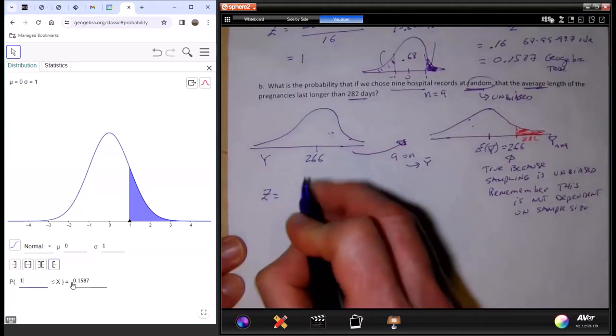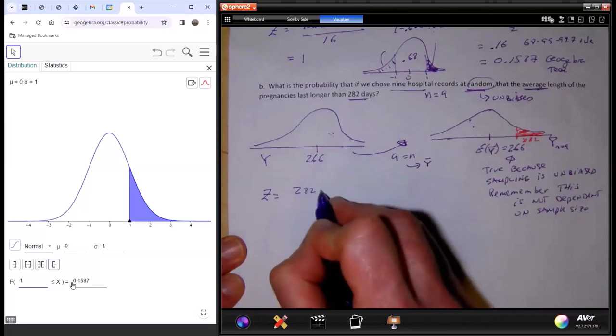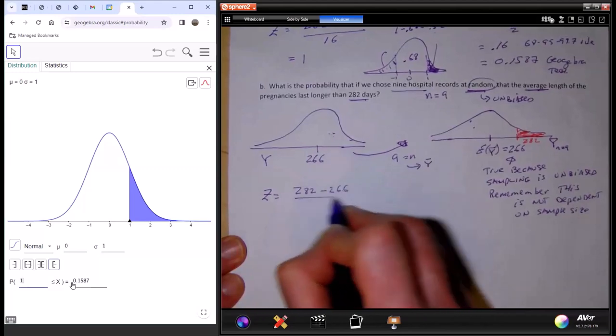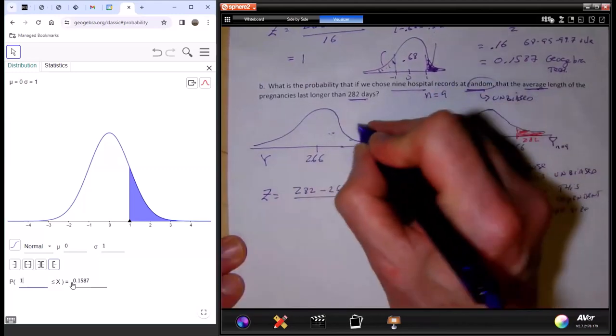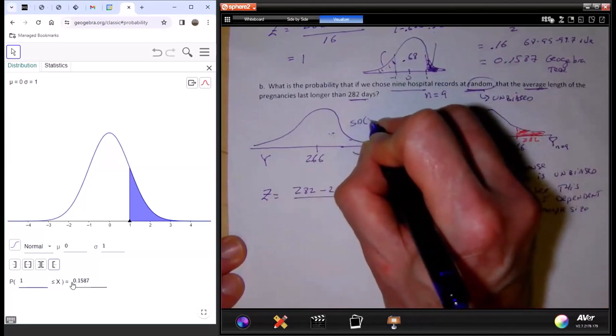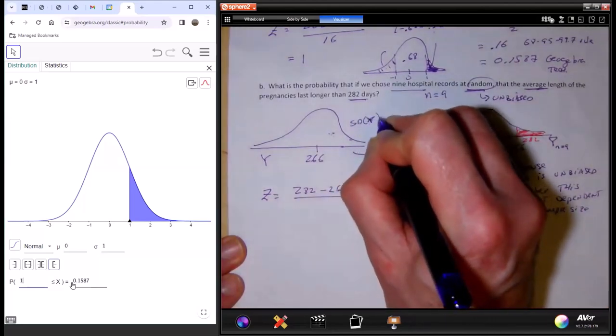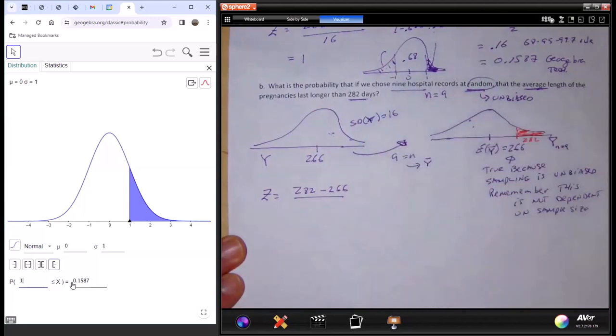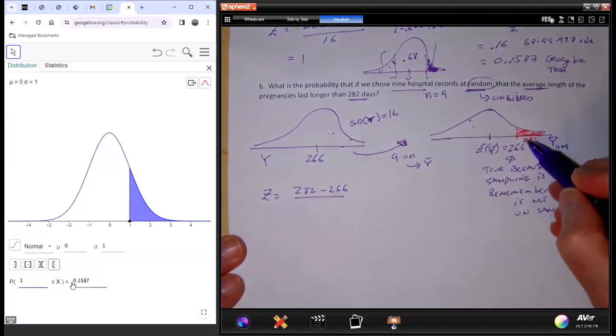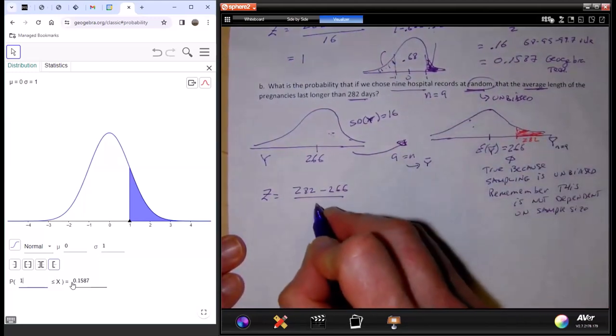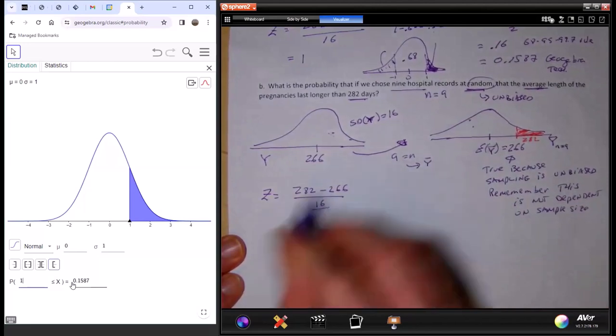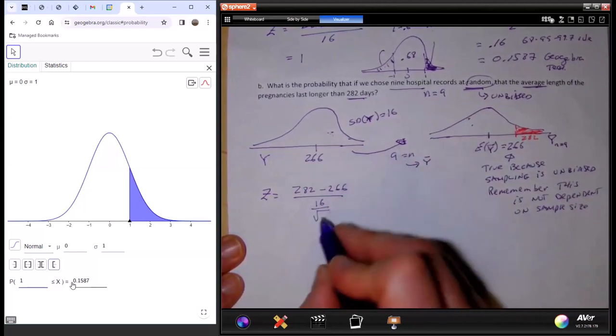Let's find the z-score. 282 minus 266 divided by, but now remember, this population standard deviation is 16. But this is now the averages, same percentage of averages. So now we have to take the 16 and divide that by the square root of my sample size, which is 9.